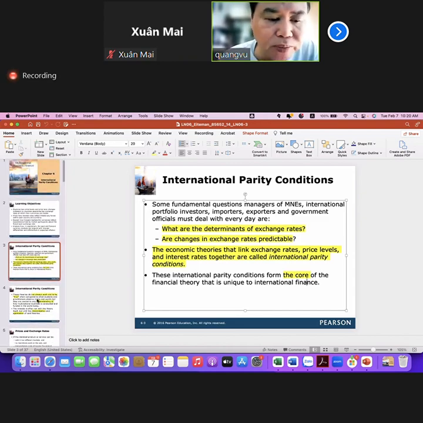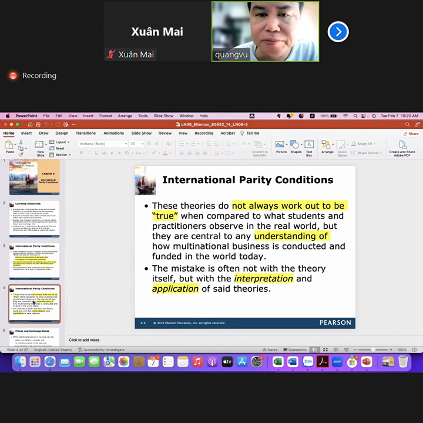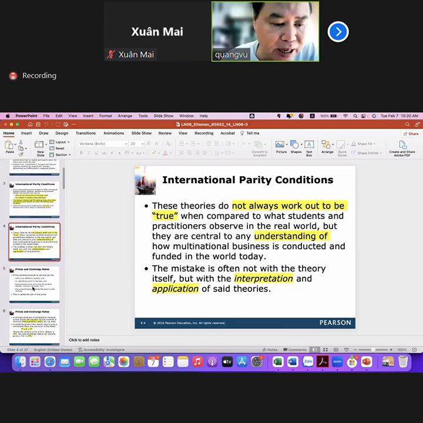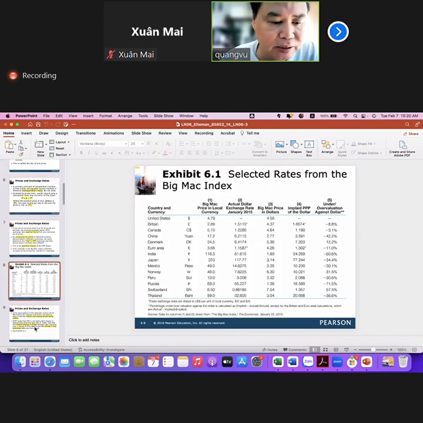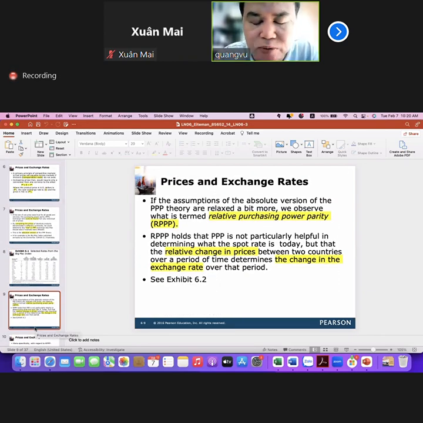I'm not going to use all these textbook slides for my lecture. No. It's all the textbook definitions and textbook examples, which are somehow not easy for you to understand. So I decided to use my way to help you better understand these four important economic theories about international price conditions. What is my way?